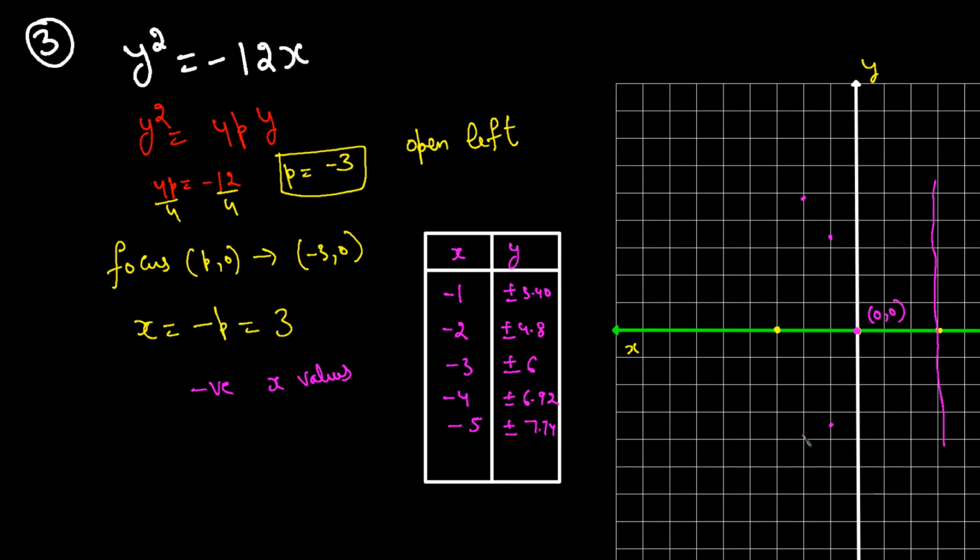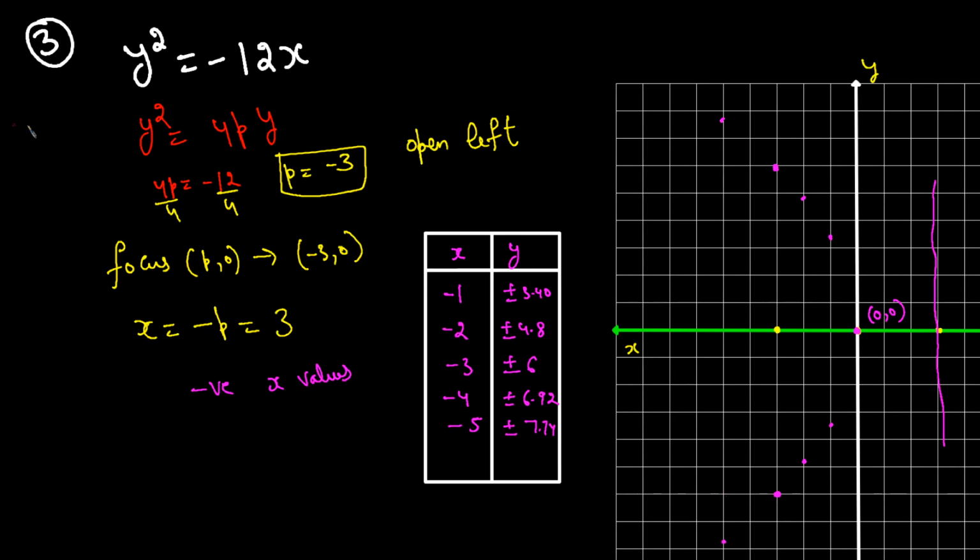X is minus 3, so 1, 2 and 3, this point, and the value of y is plus and minus 6, 1, 2, 3, 4, 5, 6. One point is here, and 6 there. And then negative 5, and y is 7.74, almost 8, somewhere there.